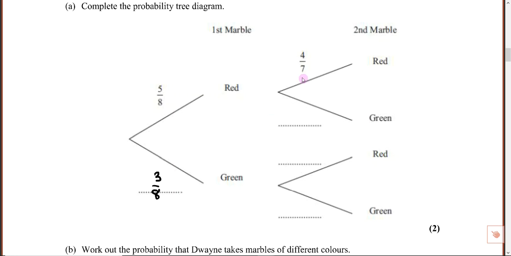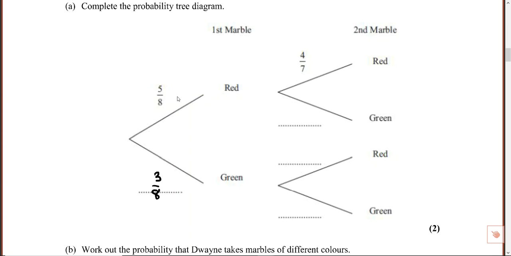Right? So, could someone explain why getting a red marble the second time around is now 4/7 instead of 5/8? Jesse? Because you take away 1 from the numerator and the denominator to symbolize the marble being taken out of the bag. Yes. Because there's 1 less option to choose from. Yeah, so we've got 2 things there. So we were talking about the tennis having more than 1 option.